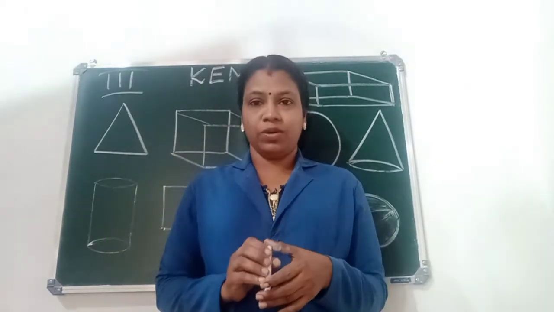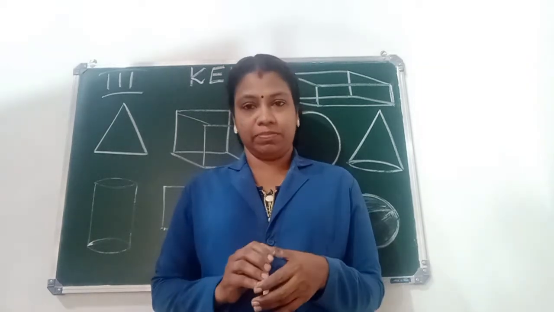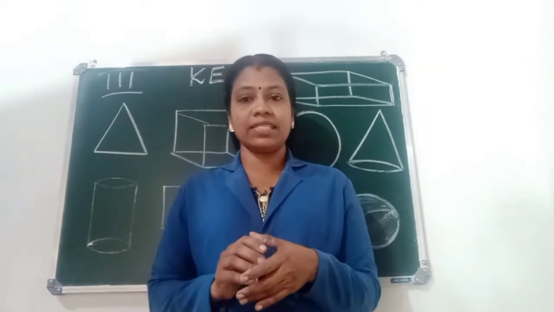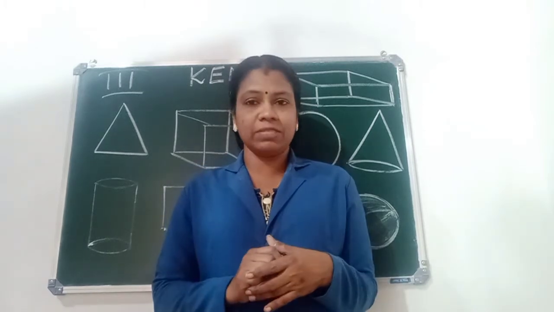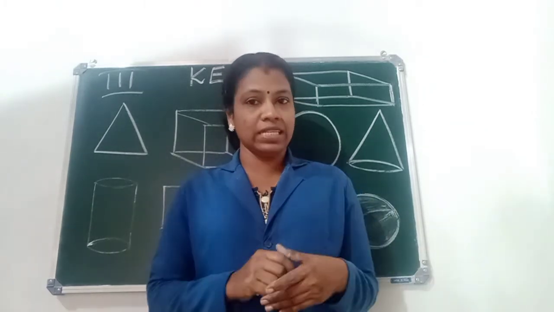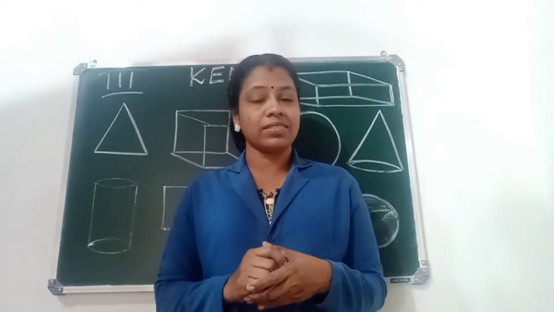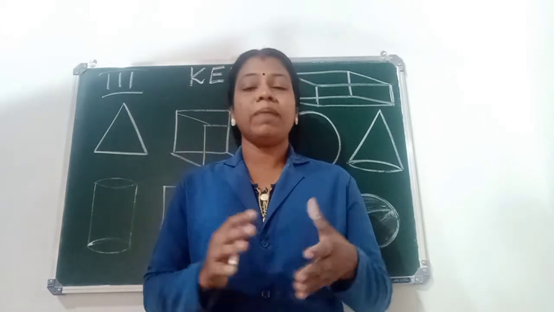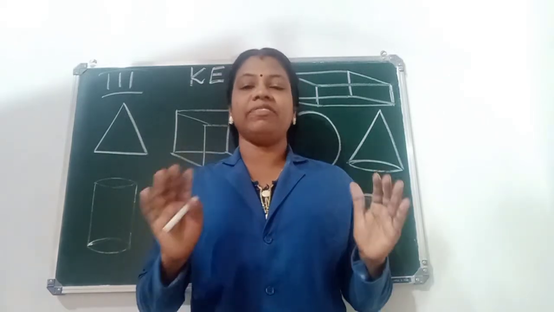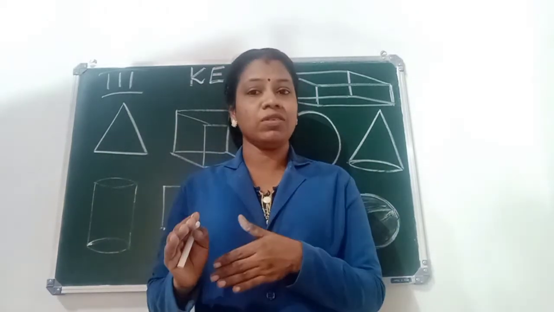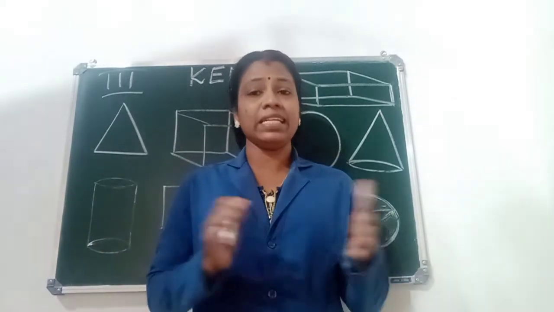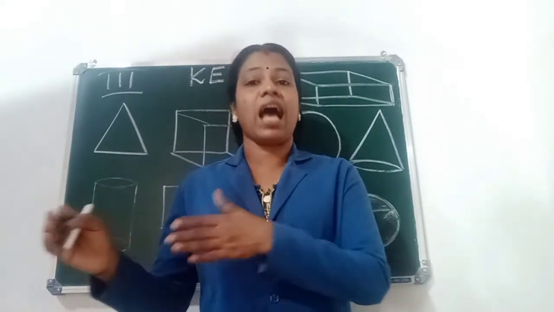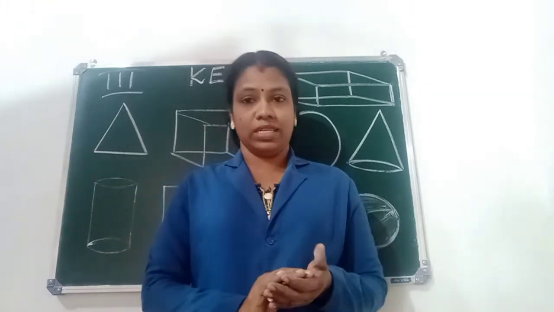As you all know, there are two types of shape. They are classified as plane shapes and solid shapes. Do you know the difference between plane shape and solid shape and what they are? Plane shapes are plane figures which have only sides and corners.